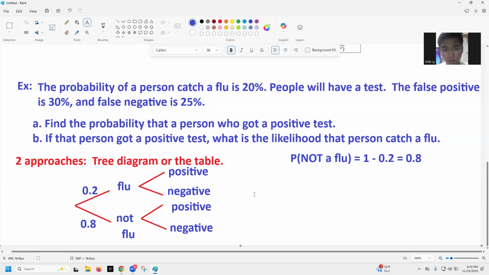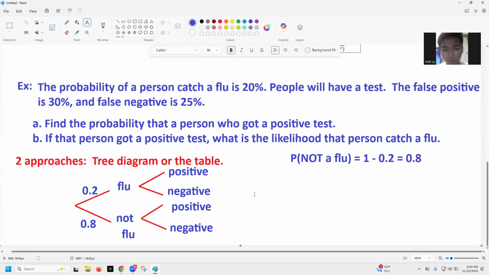And the same situation happens for those who don't catch the flu; they also have positive or negative, correct? So now the question says the false positive is 30%.